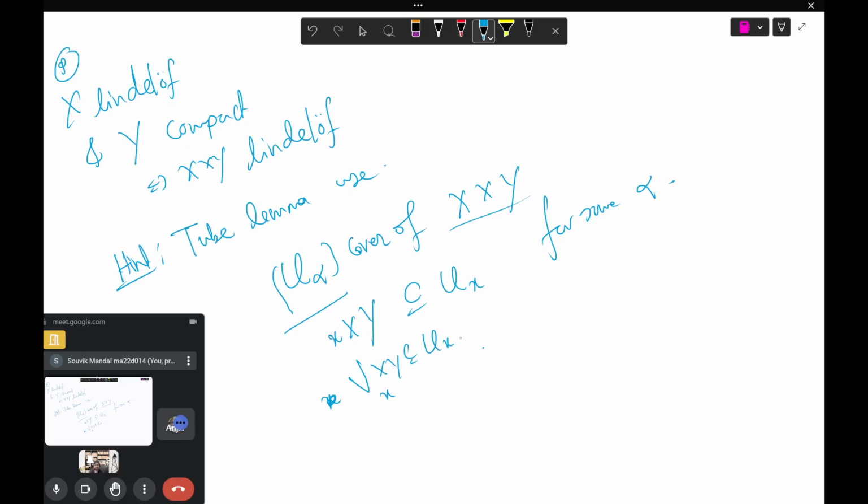Sir, the set V, which is around x, we can say this for every x. Yes, correct. So if we take the union, that's Vx. If you call it Vx, it is an open cover of X, right? Correct. So it will have a countable subcover Vxi, i equal to 1 to infinity.